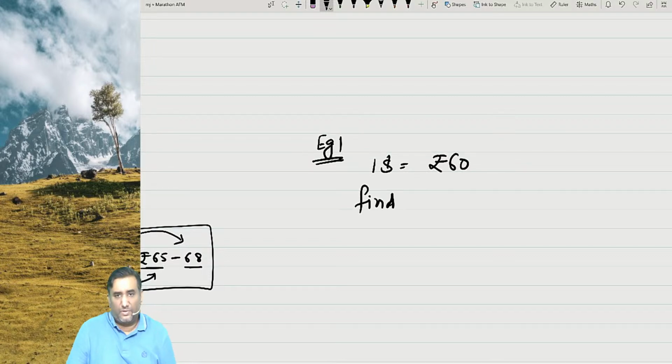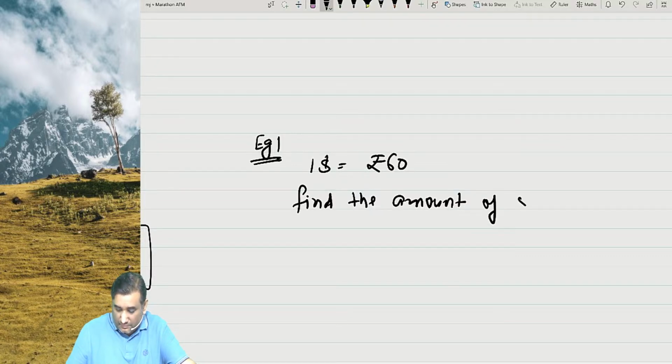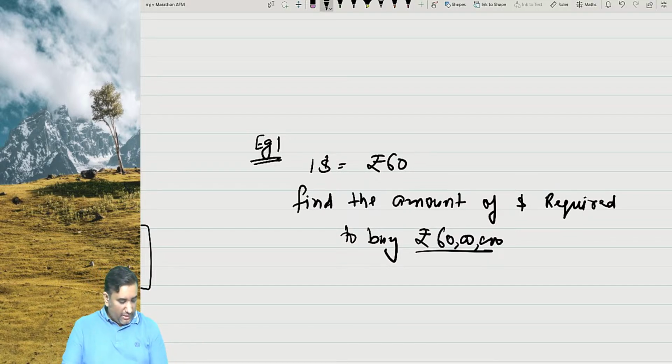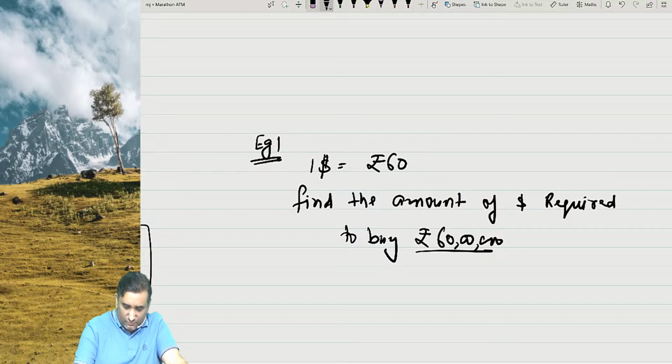Find the amount of dollar required to buy rupees 60 lakh.